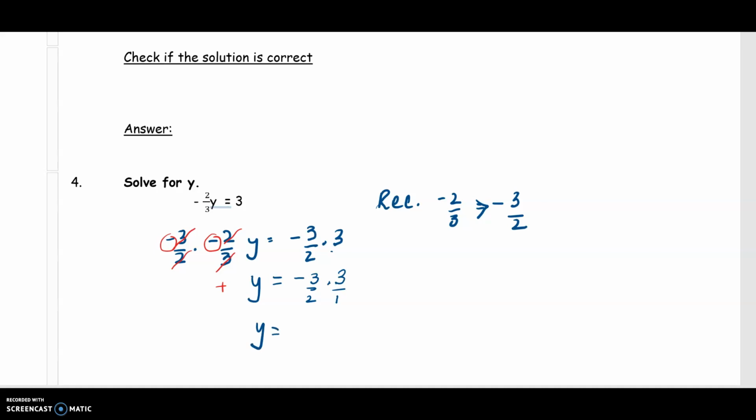So y equals negative 3/2 times 3 over 1, which is equal to negative 9 over 2. So your answer is y equals negative 9 over 2.